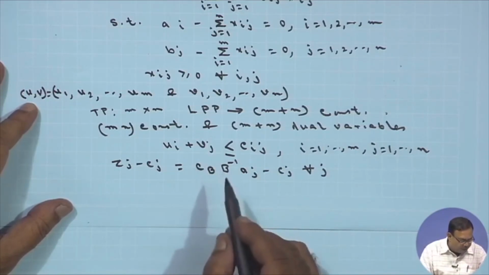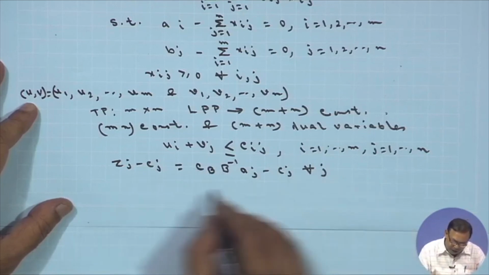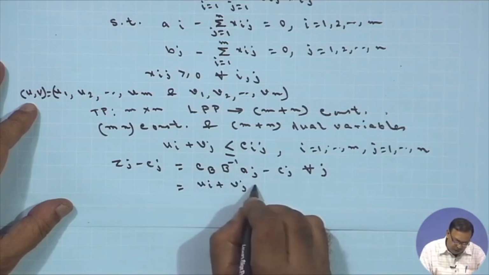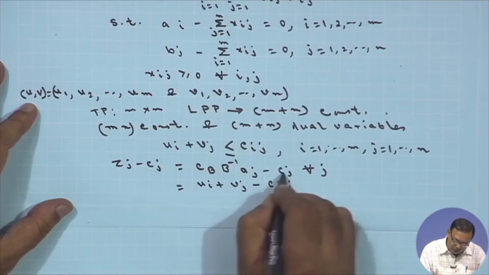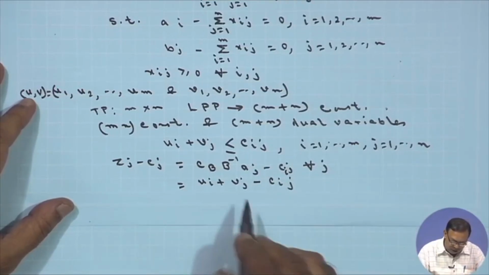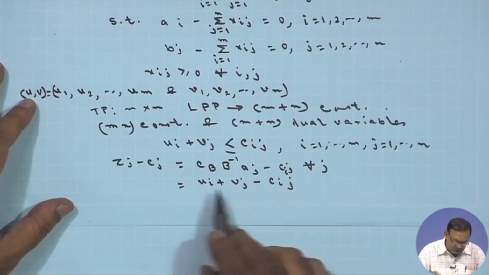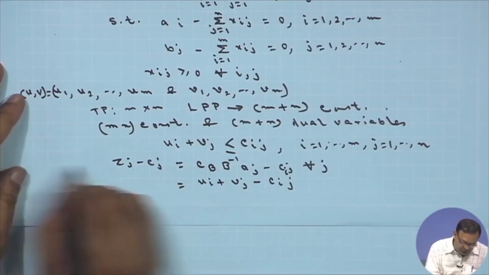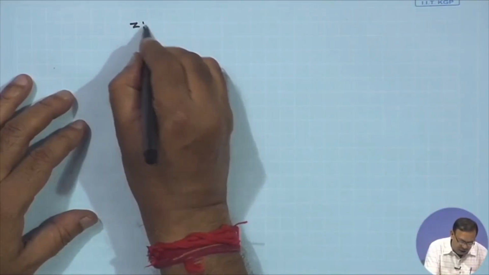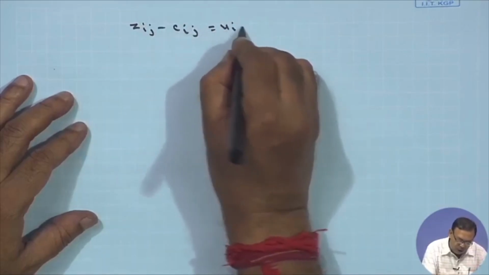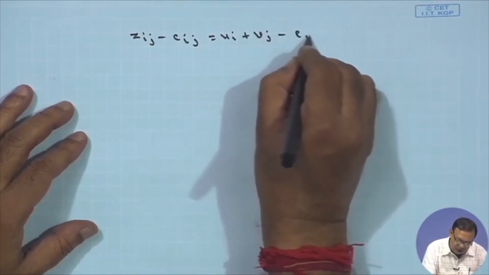Therefore, z_j minus c_j can be written in the new form: z_ij minus c_ij equals u_i plus v_j minus c_ij.